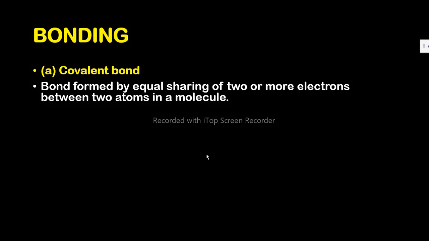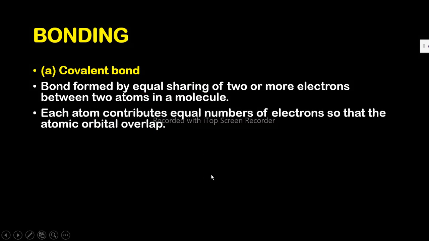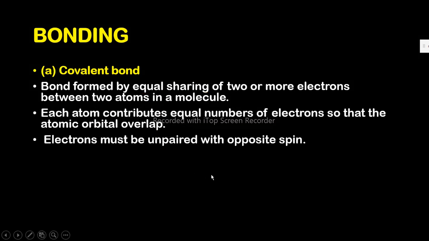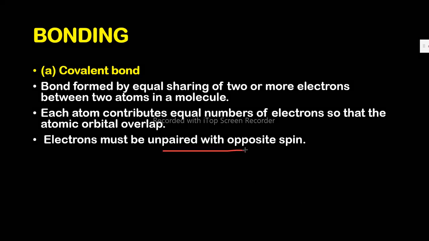And because it is formed by sharing of the outermost electrons, there are conditions. The electrons to be shared must be unpaired with opposite spins.